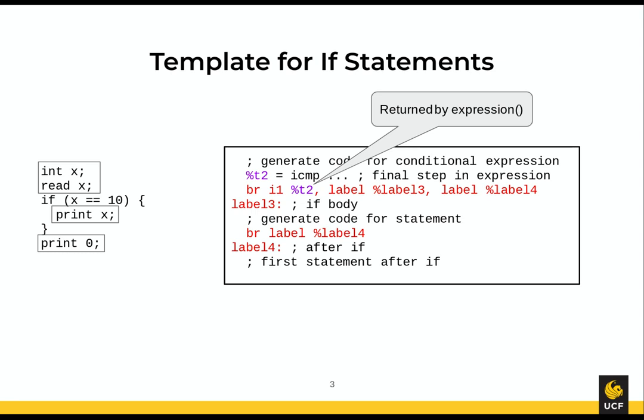And if you've written this in the recursive descent style, then expression will already just return a temporary variable, or perhaps a number if you've done some optimization. So we get this temporary variable, and that just plugs right into our template for calling this branch instruction.